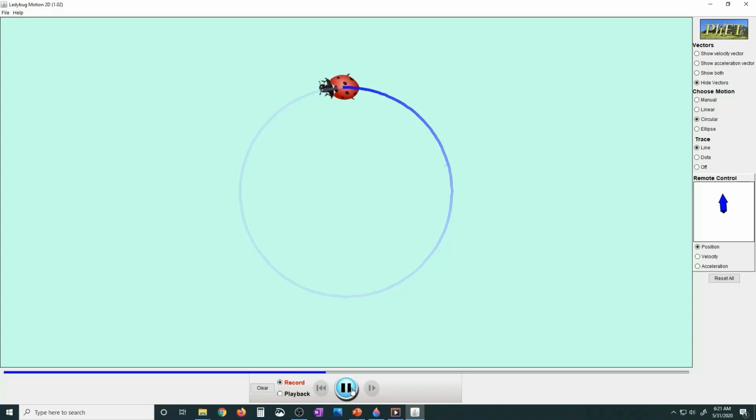Here is a simulation of a ladybug moving in a circle with constant speed, so we'd call this uniform circular motion. The thing I want to point out is the speed we said is constant, but is the velocity constant? Remember that velocity cares about direction and speed, so I can show that velocity here.